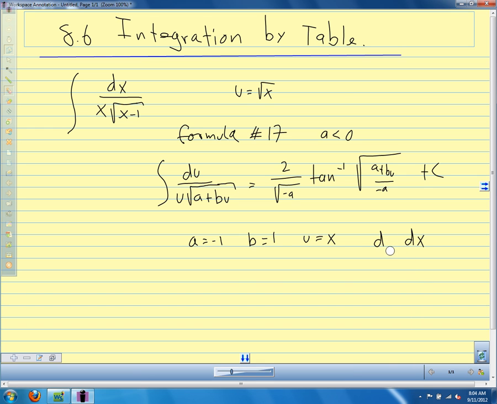So I'm just going to plug this in here. Our integral, the integral of dx over x times the square root of x minus 1, is going to be 2 times the inverse tangent of the square root of x minus 1, plus c.